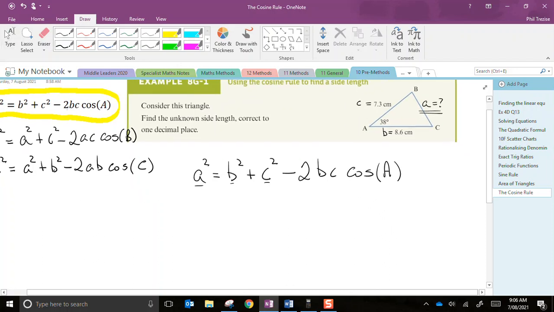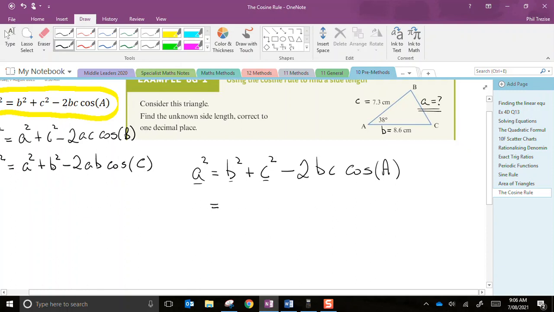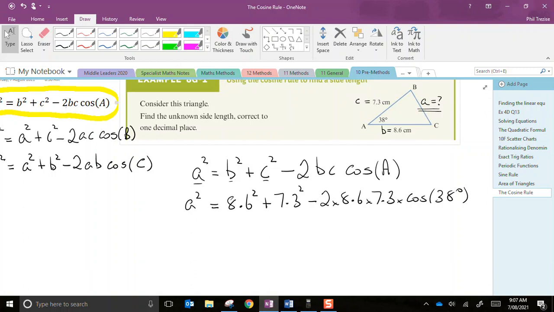That's the pattern. Now we can substitute what we've got. b equals 8.6, which we square. c equals 7.3, which we square, minus 2 times 8.6 times 7.3 times the cosine, and angle A is 38 degrees. Remembering this is not the final answer, this is a squared.